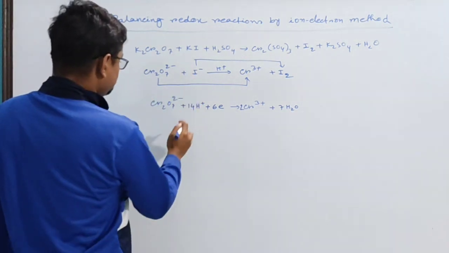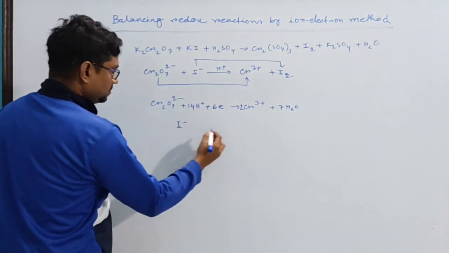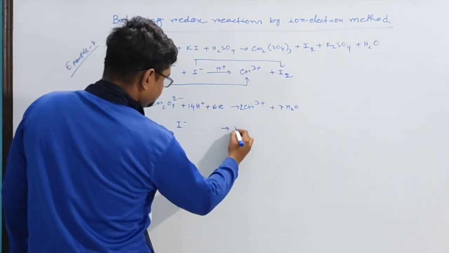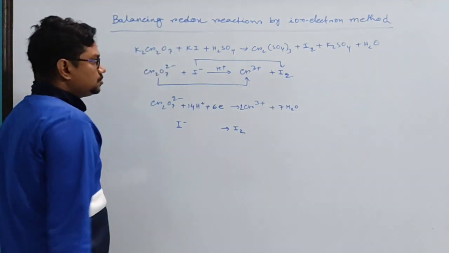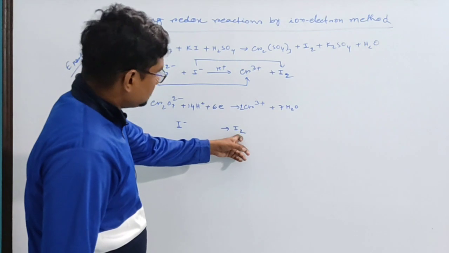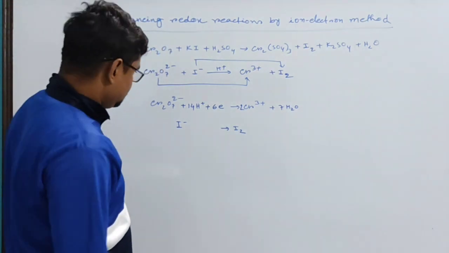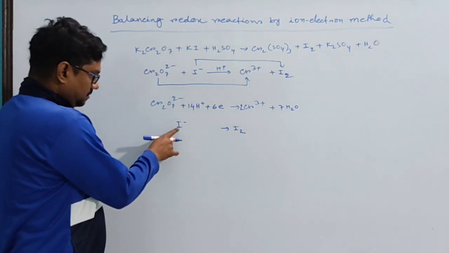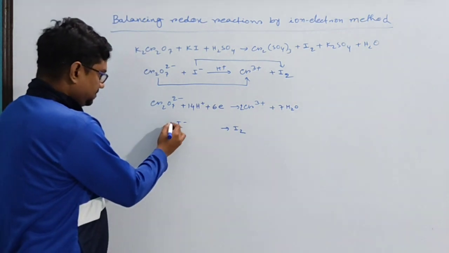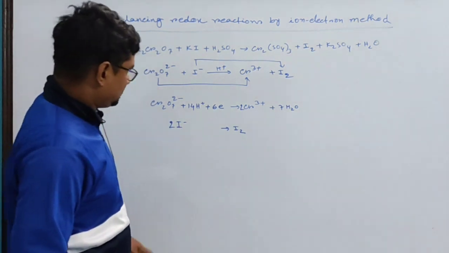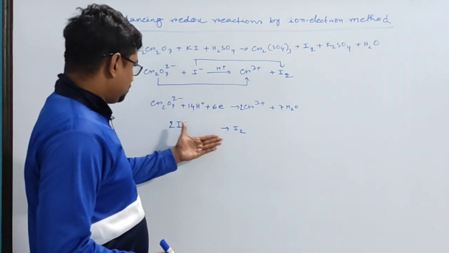Now the second process, that is I minus going to I2. Here at the right hand side I2 molecule is there, that is 2 iodine atoms, but here 1. So first make it 2I minus. Okay, atoms are balanced.